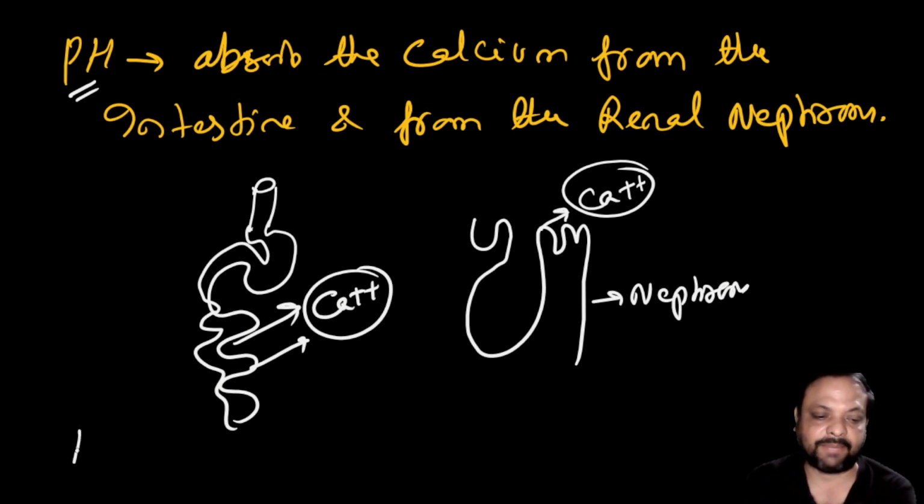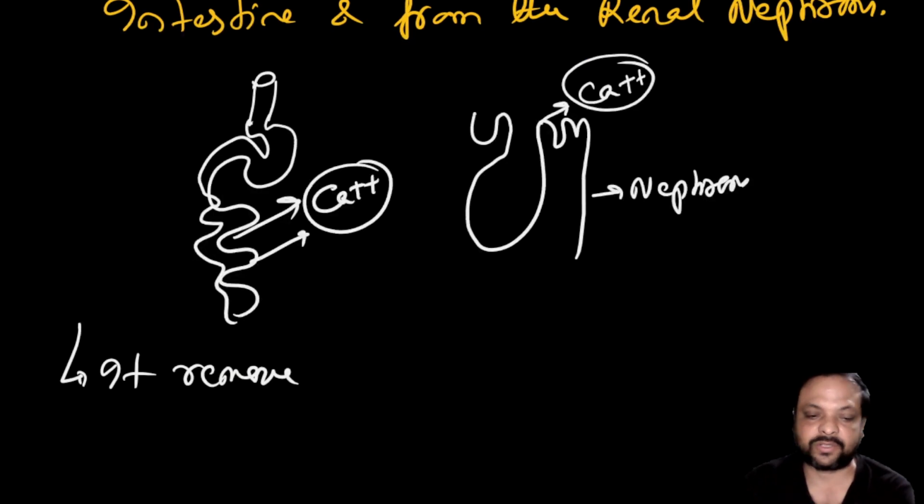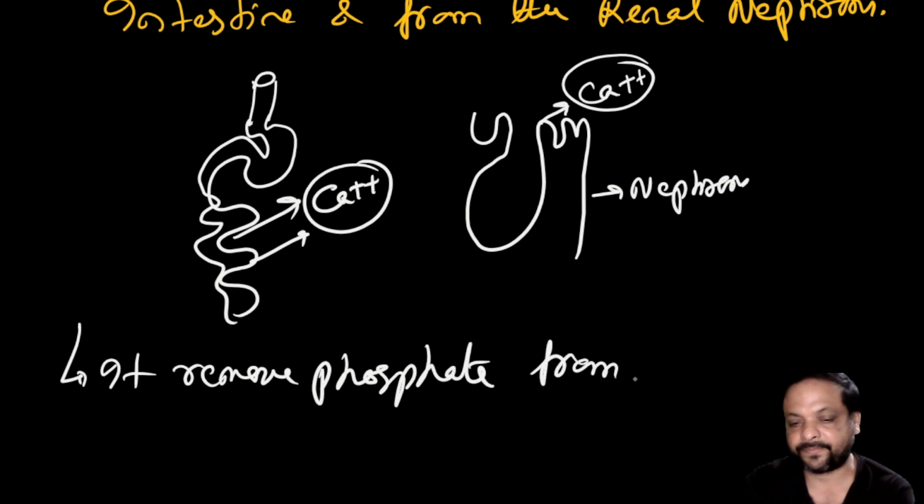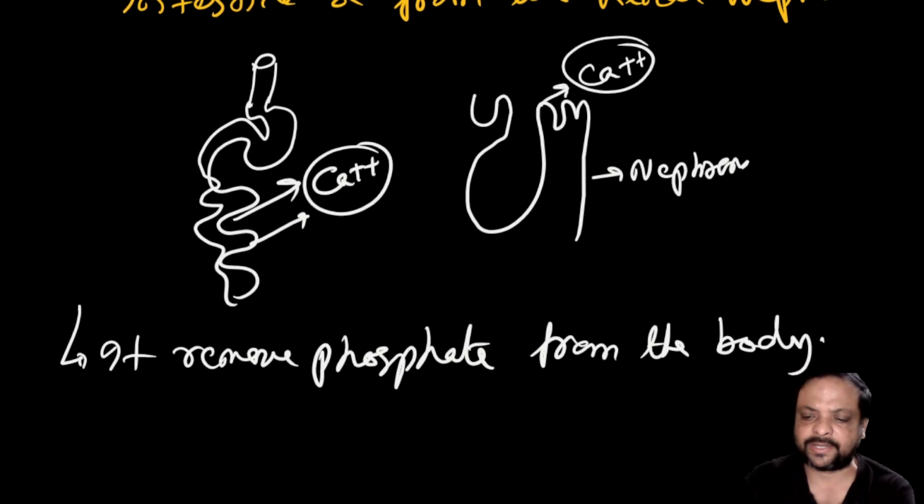the nephron, and simultaneously it removes, what? Simultaneously it removes phosphate from the body. Got it? So by this action, what happens?